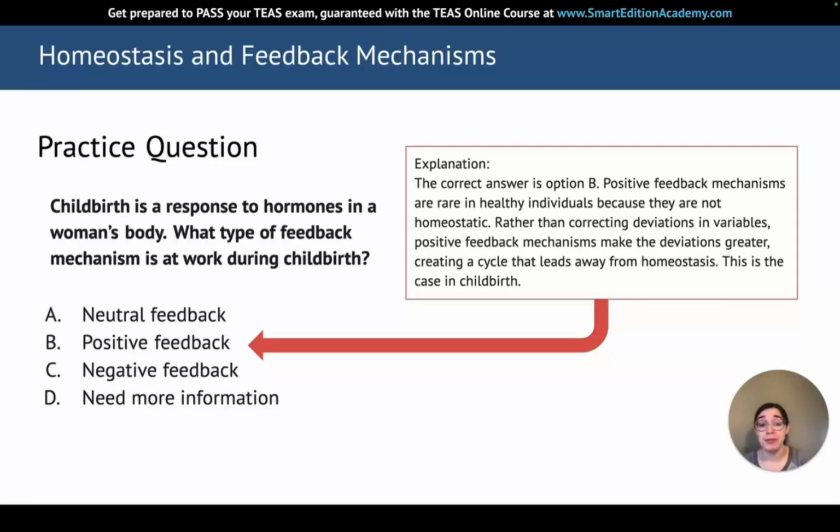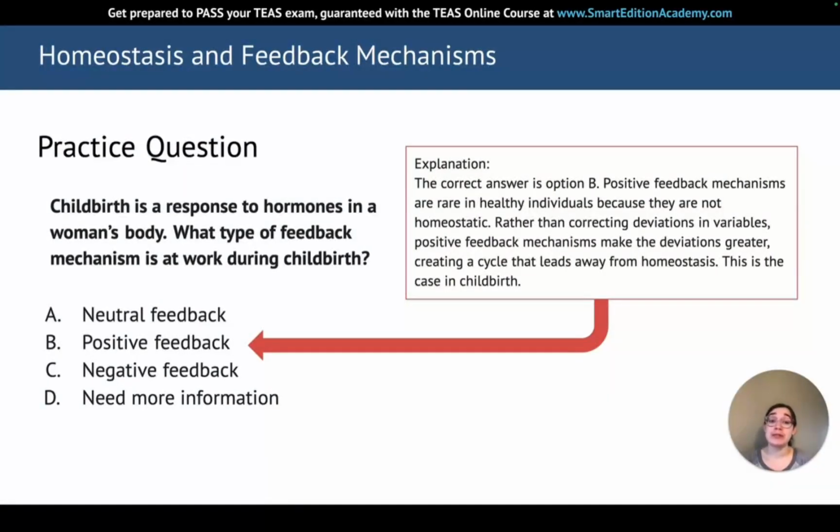And so what we end up with is a process that culminates in this baby being expelled from the woman's body, and then later the placenta. So you can see how this is leading away from the homeostatic state that the woman was in during her pregnancy. And the result is a drastic change in the woman's body as she actually delivers her baby.